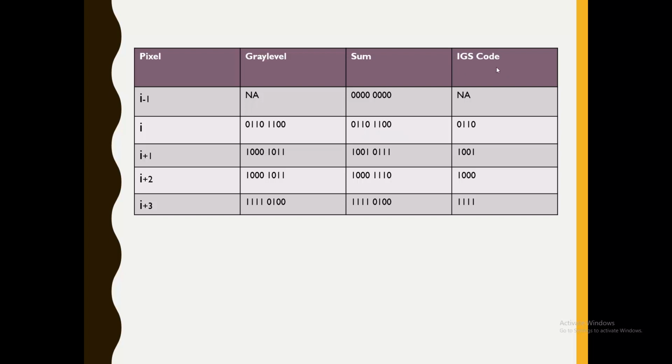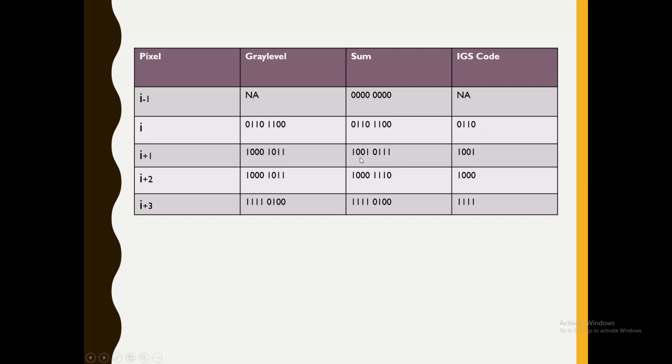Now, in the case of IGS code, we only consider the four most significant bits. Similarly, for the I plus 1 pixel, the intensity value is 1001 1011. For the sum we add this one with the previous sum, and we get 1001 0111.